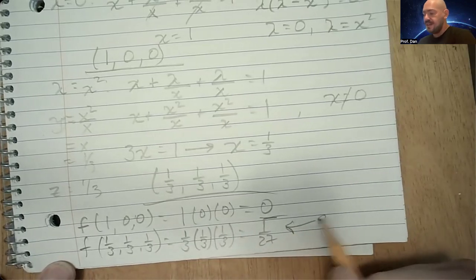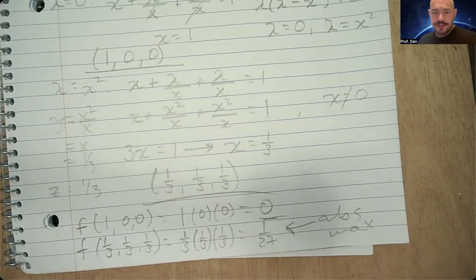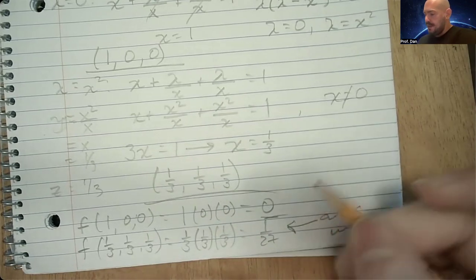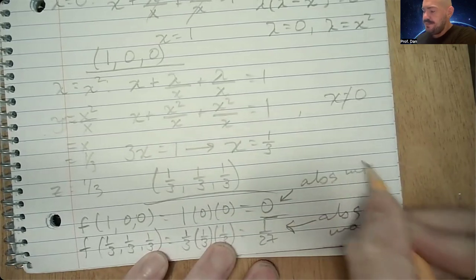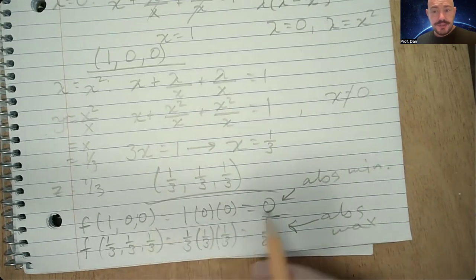So 1 over 27 is my absolute maximum value, which will occur at the point 1/3, 1/3, 1/3, 1/27. Remember, that's your W coordinate, your fourth coordinate. And then 0 is our absolute minimum value, which will occur at the coordinate 1, 0, 0, 0. So this is a W coordinate.